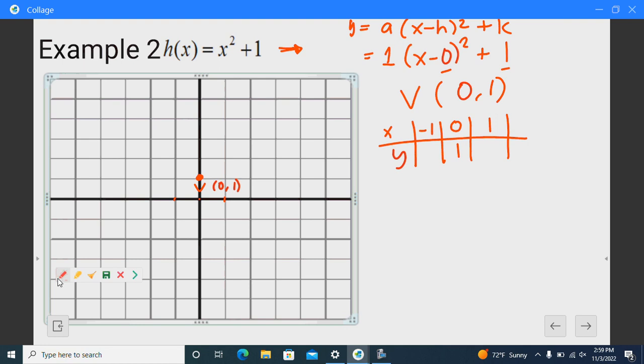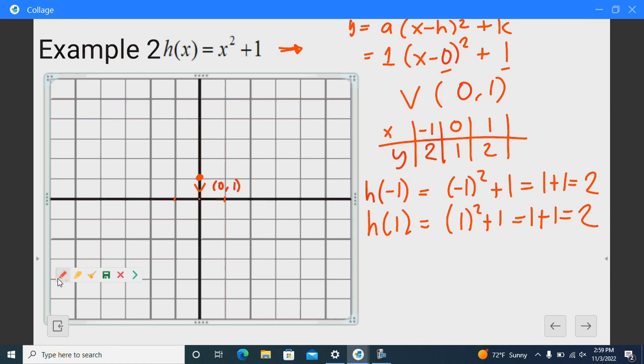So let's have h of x, which, if x is negative 1, is equal to negative 1 squared plus 1, equal to 1 plus 1, that becomes 2. And if our x is 1, that's 1 squared plus 1, which would still give us 2.